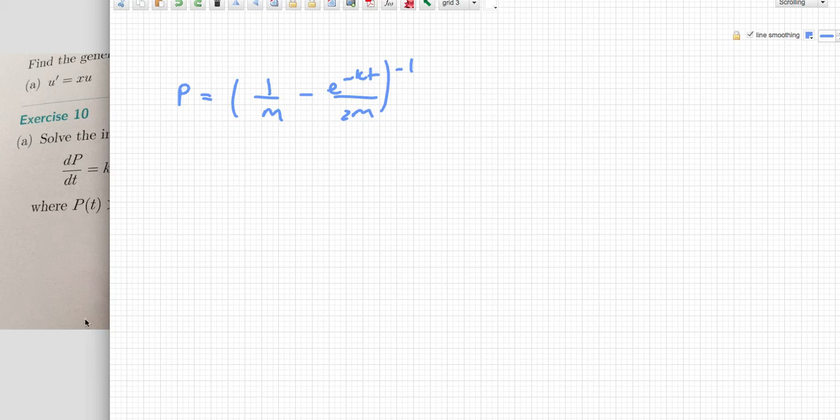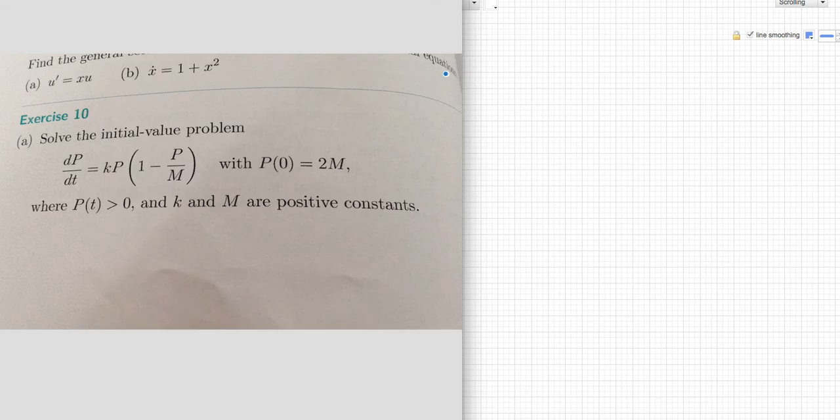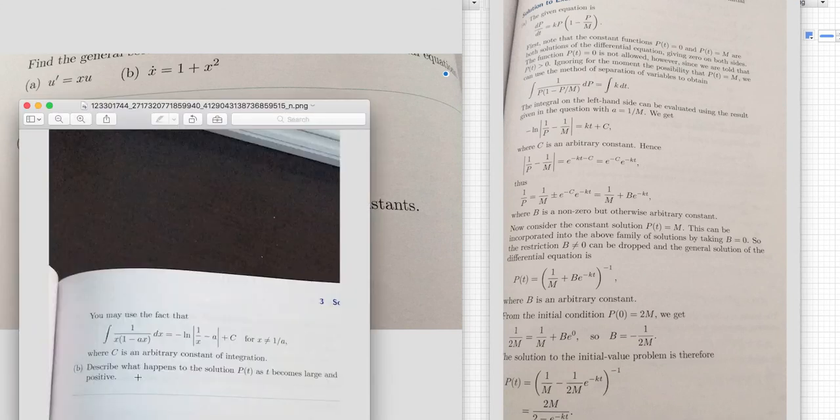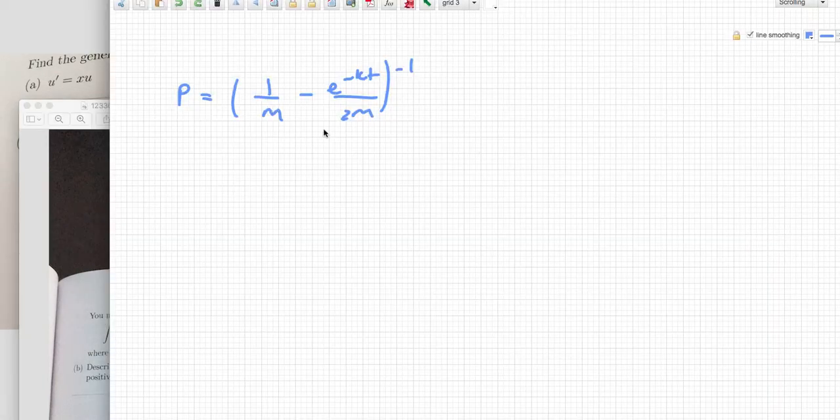Then the question asks, what happens to the solution p of t as t becomes large and positive? So as t becomes large, what happens? It's quite a common question with differential equations. If we write this in a different format, if I add the fractions together, I change that to 2 over 2m again, so that I can add these two together.